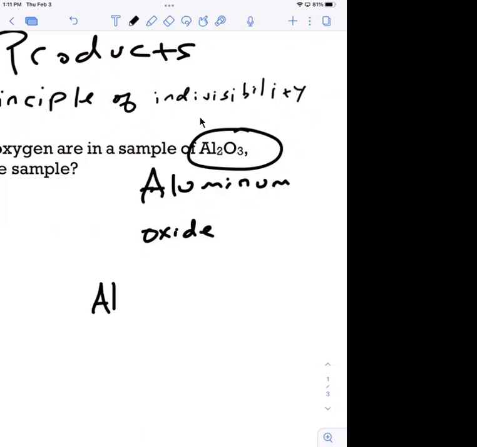So remember we said with the crisscross method, if you look at the subscript, then you can kind of tell which charge went where, right? Because you crisscross like this. So this number is going to come here like that. And this number is going to come here like that.